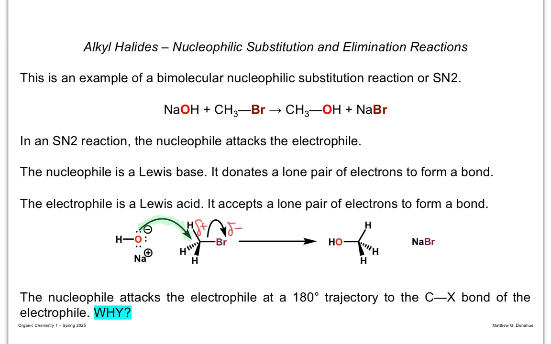So we form O to C, we have to break C to Br. So now those electrons I'll highlight in blue, they move on to the bromine. And so bromine is called the leaving group.